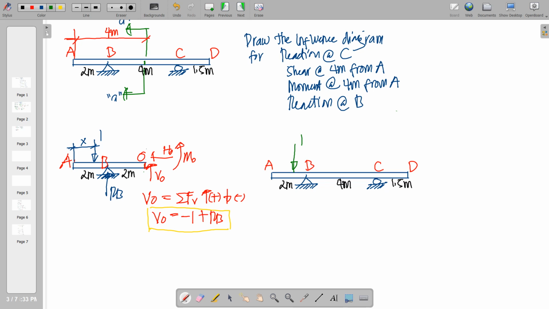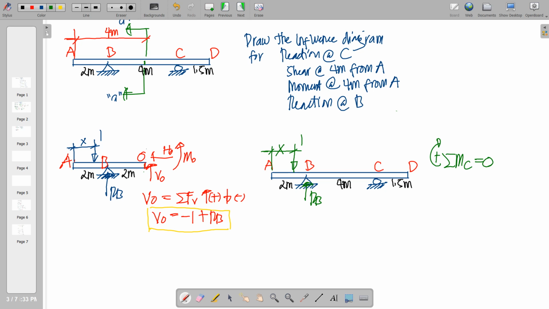Say this is your 1, measured from A at x distance. So this time we are concerned with your reaction at B, and of course as a solution we take moments at C in order to come up with that RB.